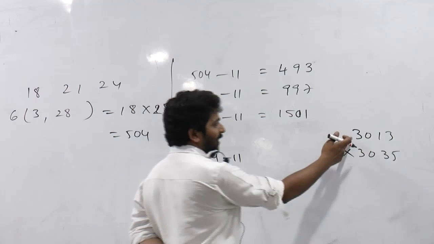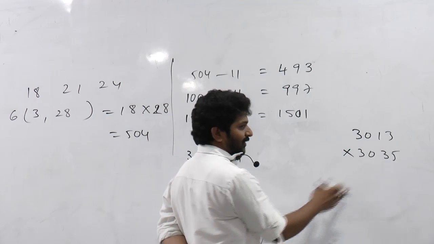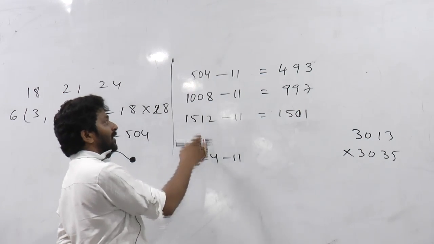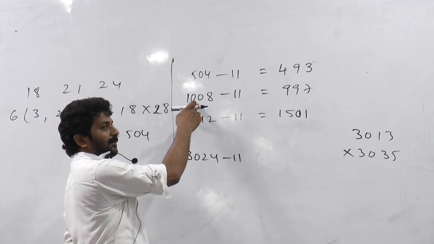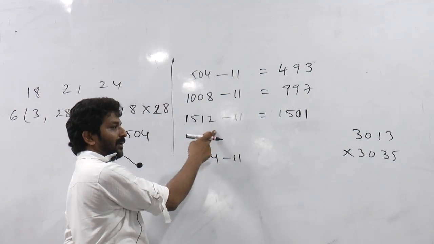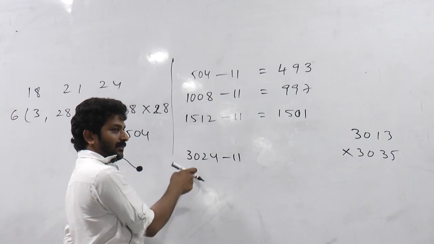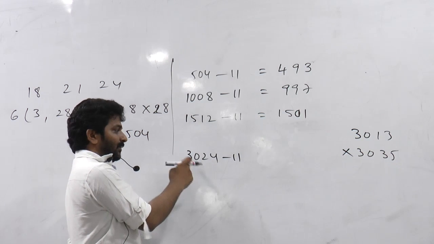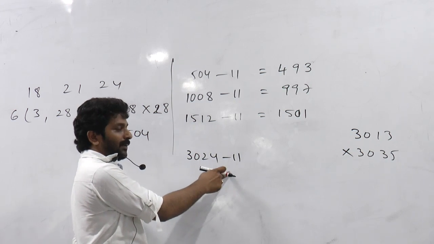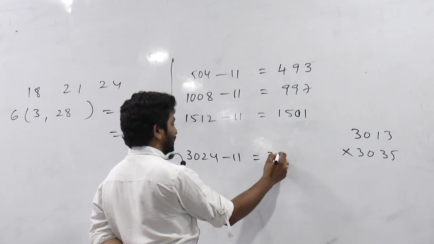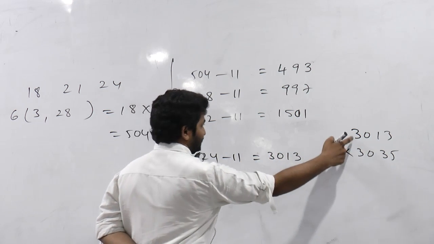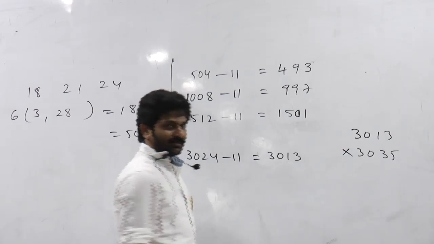So the possibilities are 3013 or 3035. In this multiple, you will have 504, next 1008, next 1512, and then somewhere around you will have 2 times of 1512, 3024. But you need to subtract the common difference, which gives 3013. This can be your answer, but this cannot.